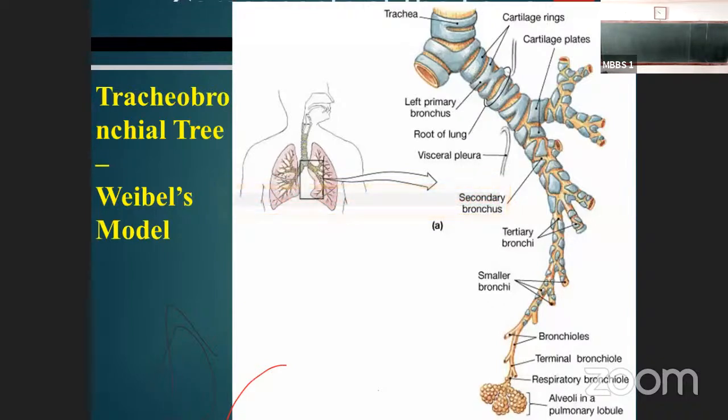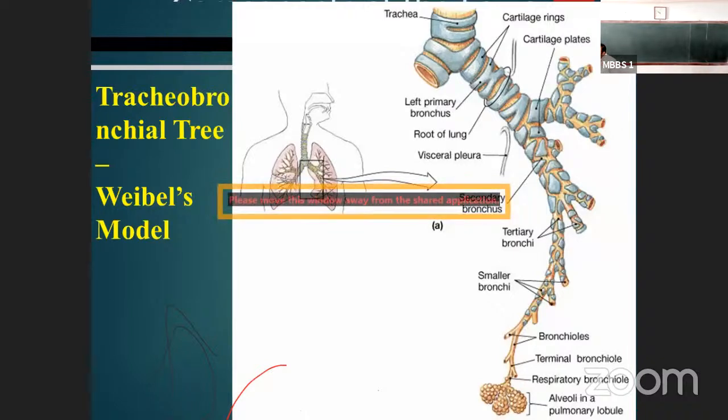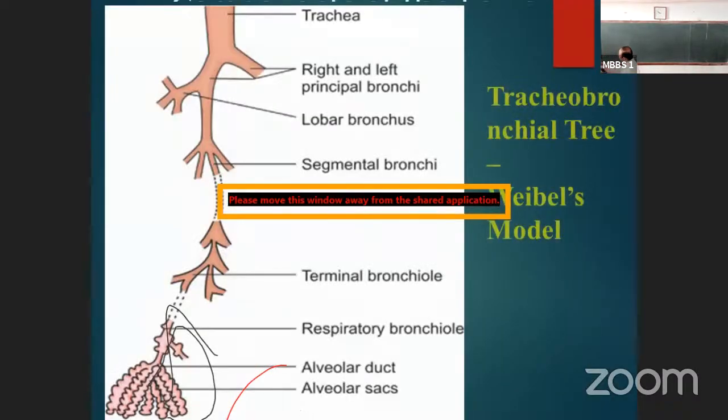The trachea, where no branching has occurred, is labeled the zero generation. As the trachea gets divided into two parts, the principal bronchi, they have labeled as the first generation. Have you understood? Now we discuss this generation.